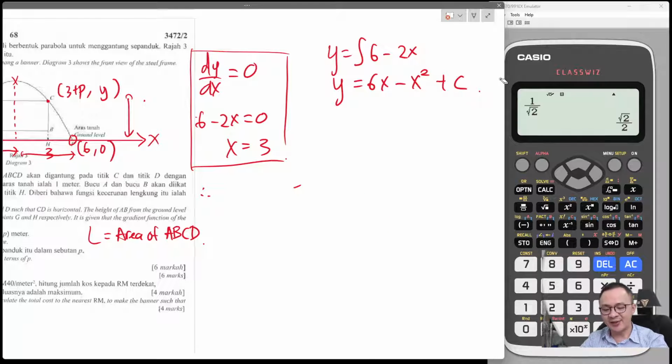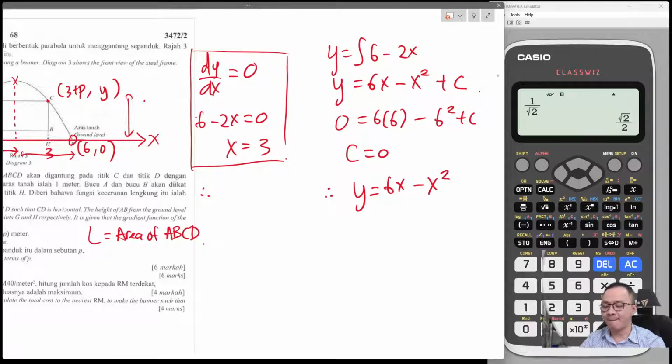So when my x is 6, y is 0, then my c is just 0. So I got my equation of the curve is just 6x minus x squared. Now I can get the coordinate of y. I just need to substitute x equals 3 plus p into here to get my y coordinate: 6(3 plus p) minus (3 plus p) squared.